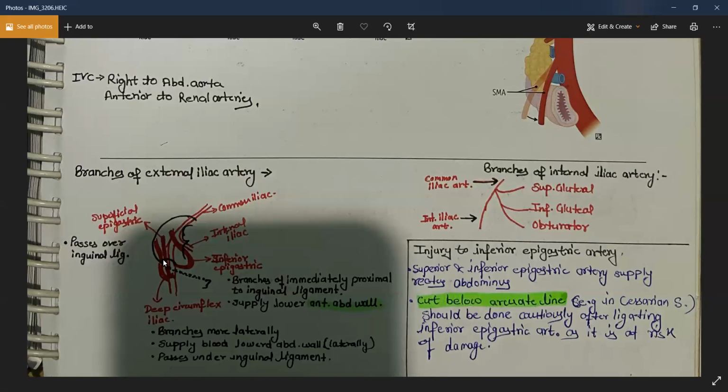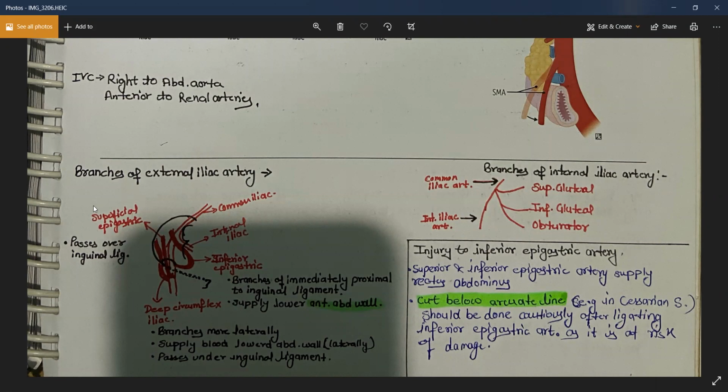It supplies the abdominal wall laterally. So the anterior abdominal wall is supplied by the epigastric vessels, and the lateral abdominal wall by the deep circumflex iliac artery. Then you have the superficial epigastric artery also, which is also supplying the lateral wall in the very superficial area.